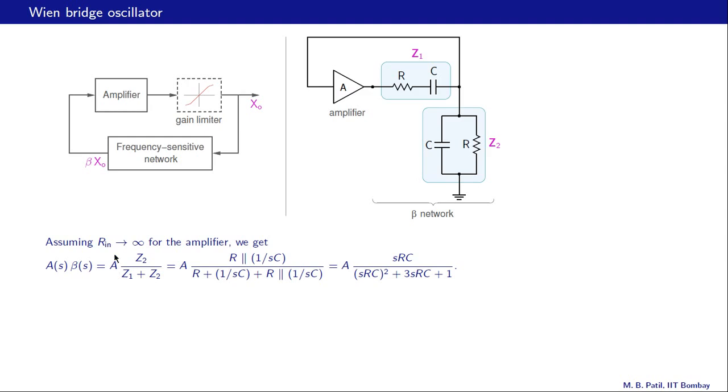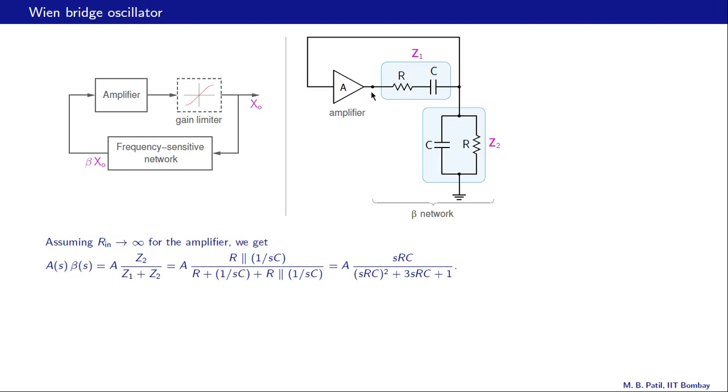What is beta? Beta is given by XF, which is beta XO, divided by the output here. XF is the quantity getting fed back to the amplifier, and XO is the actual output voltage. Coming back to our Wein bridge oscillator, where is our VO? VO is this.